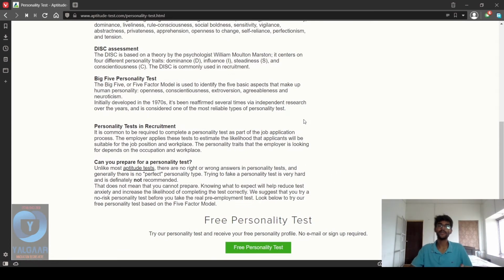And what happens is, if you try to fake a personality test, you're coming up with a perfect answer in your mind, and that usually takes time. And that time makes you switch to the next question. And time based answers are very important. And also, what answer you choose is important, because personality test decides how you are.